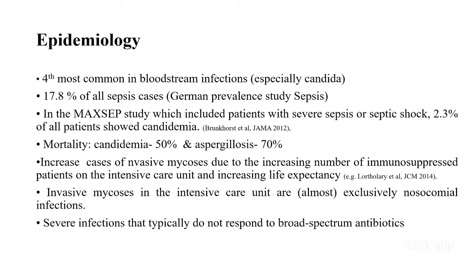The increased cases of invasive mycosis are due to the increased number of immunocompromised patients in the ICU and the increased life expectancy of morbid patients in the ICU. Invasive mycosis in the ICU is exclusively a nosocomial infection, and severe infections that do not respond to broad spectrum antibiotics are mostly due to fungal infections.